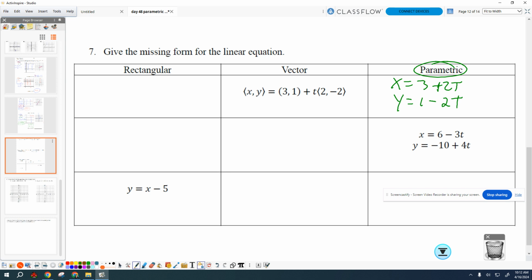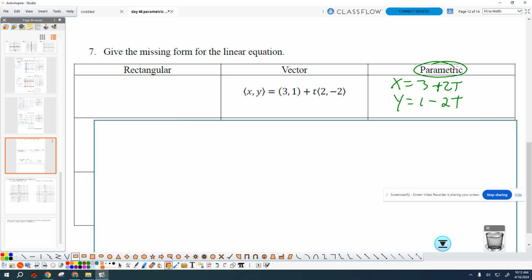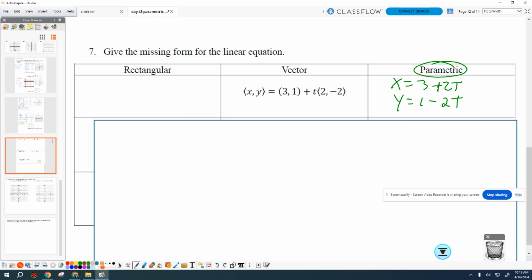How did you get the rectangular? I took the parametric form for x and I got x minus 3 divided by 2. So the way Tycho is doing this is eliminating the parameter, because it's hard to go from the vector form to the rectangular. He said he got x minus 3 over 2 equals t. Okay, then what did you do?